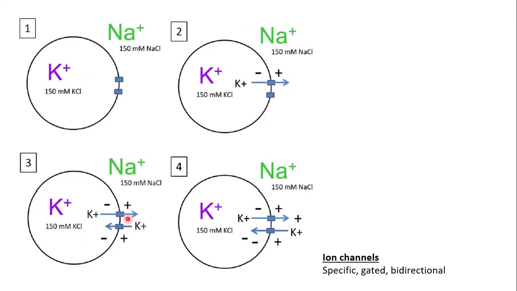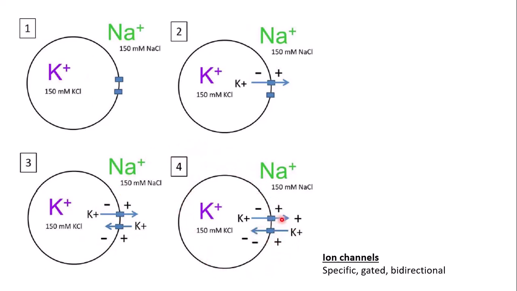Since potassium channels are open, the electrical gradient now causes a little amount of potassium to start flowing back inside. Remember, we said ion channels are bidirectional. So a lot of potassium ions are flowing outside due to the chemical gradient, and some are also flowing inside due to the electrical gradient, as you can see here.